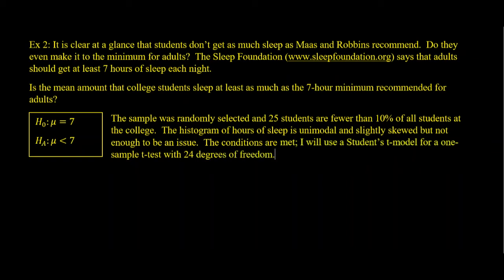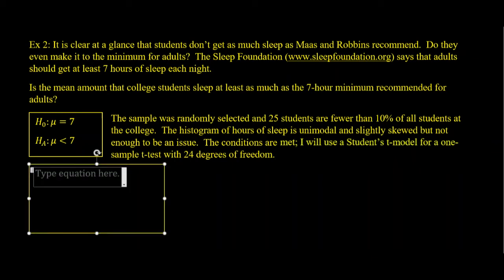So this is actually the same data from example 1. We already know the standard deviation, the mean, all that information. So we don't have to go to the calculator. If you need to, you can go do that again. But we'll use that same information. N is 25. X bar, the mean, was 6.64.